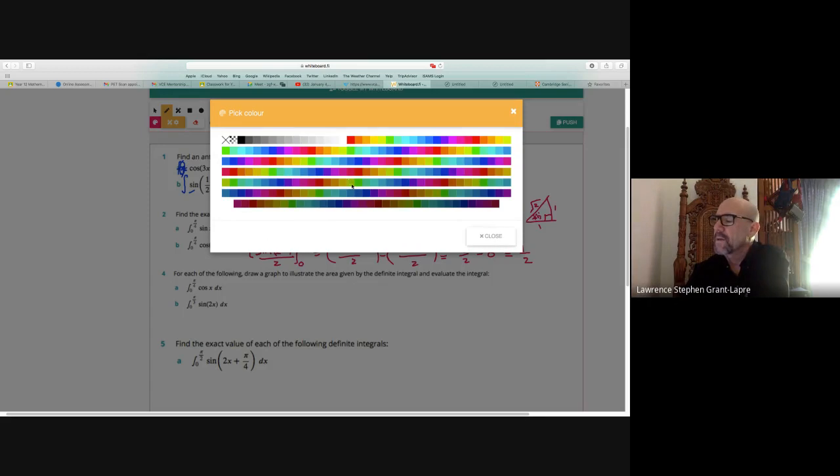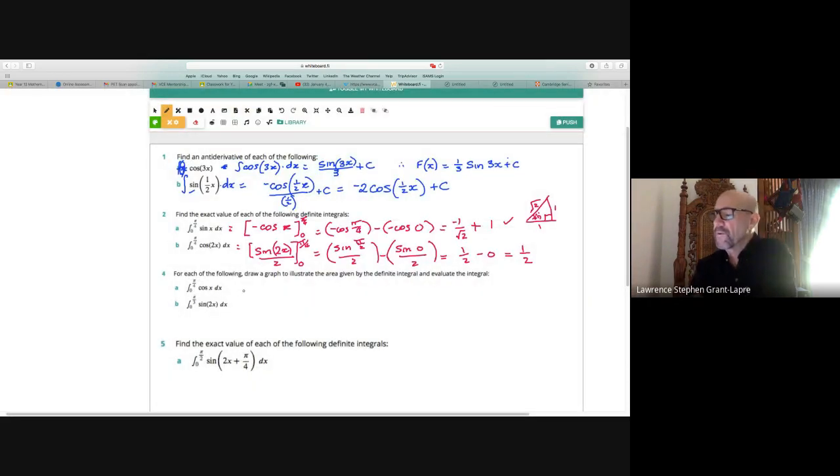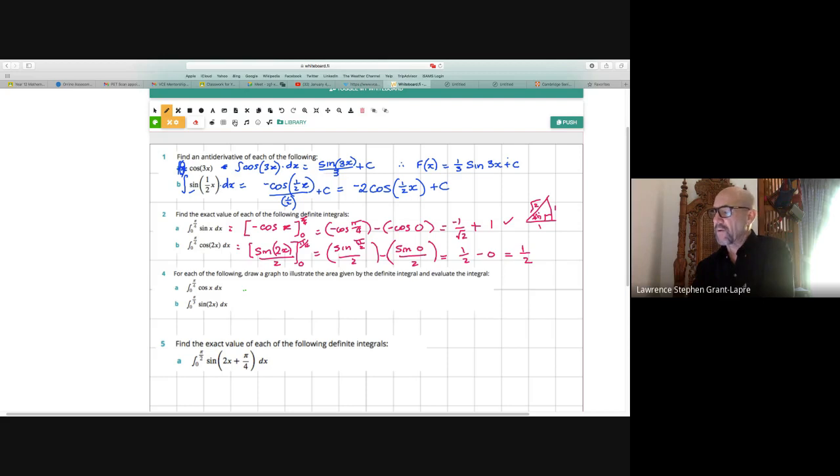All right, let's go to question 4. We need to draw a graph to illustrate the area. Ooh, that's different. So let's put some graph paper in the background, and let's put this as being our y-axis.